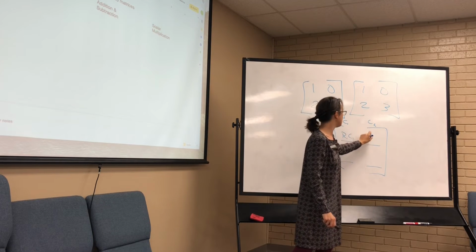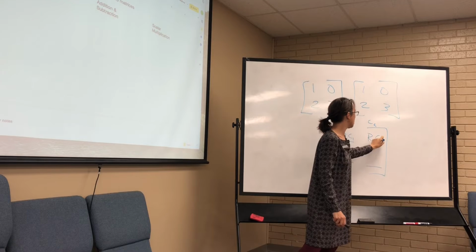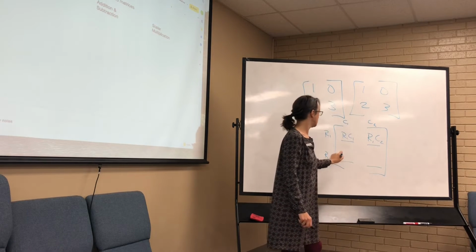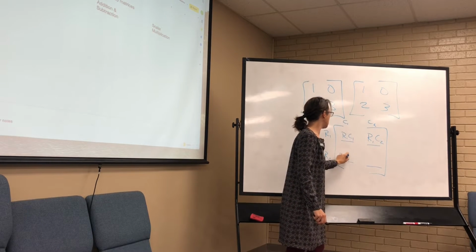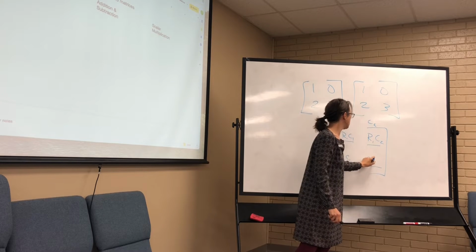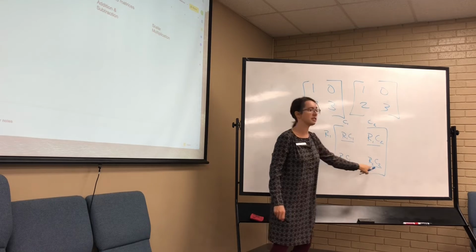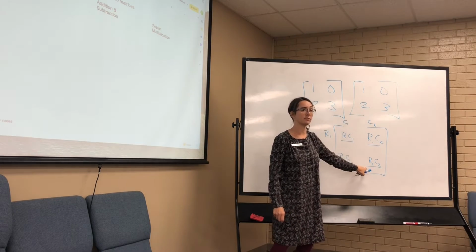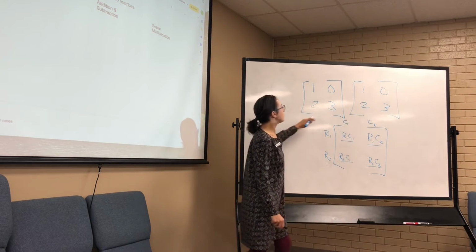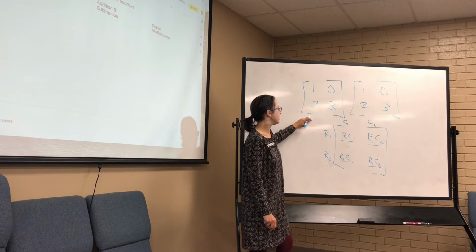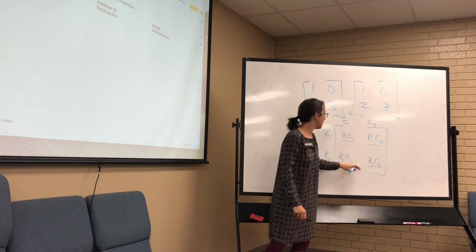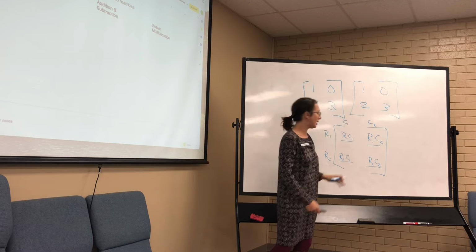My second entry would be row 1, column 2. Then I have row 2, column 1, row 2, column 2. So see how each entry has its own identification? So when we are comparing equal matrices, each entry point must be identical.